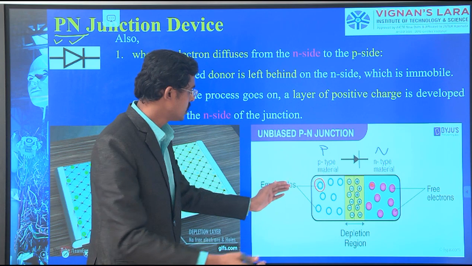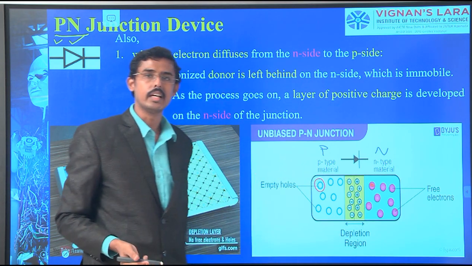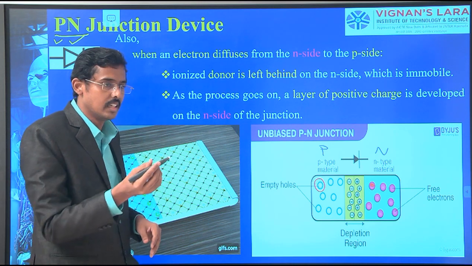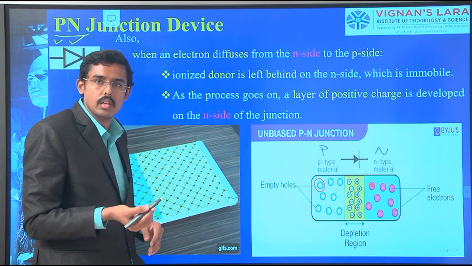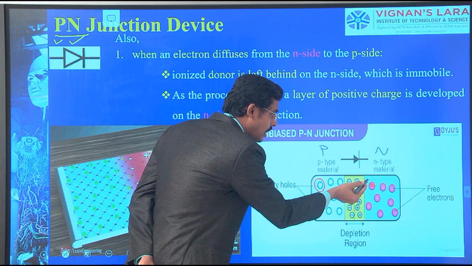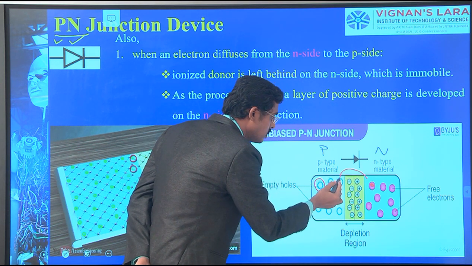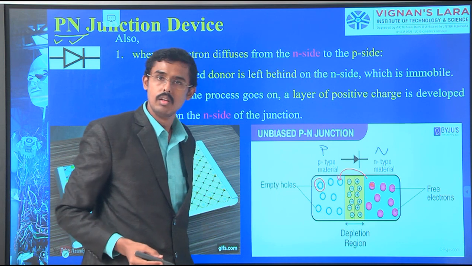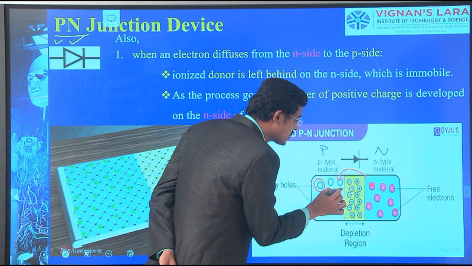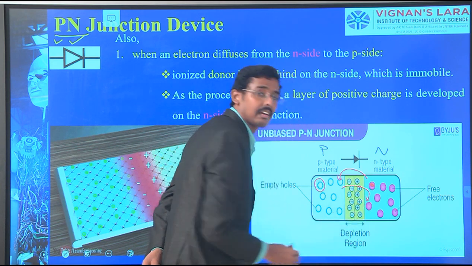We know when these two are combined together, in the boundaries, the grain boundaries, what happens? The depletion process happens. The depletion process is nothing but the electrons jumping from this side to the holes, and similarly the holes from here go to that side to combine with the electrons.